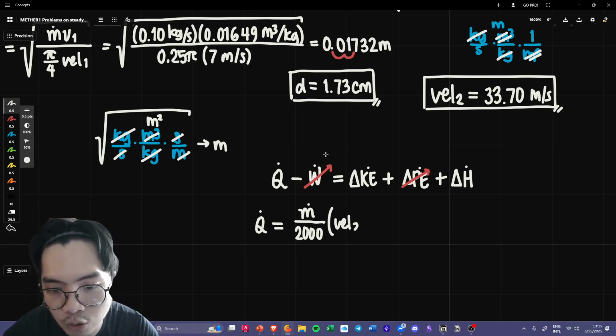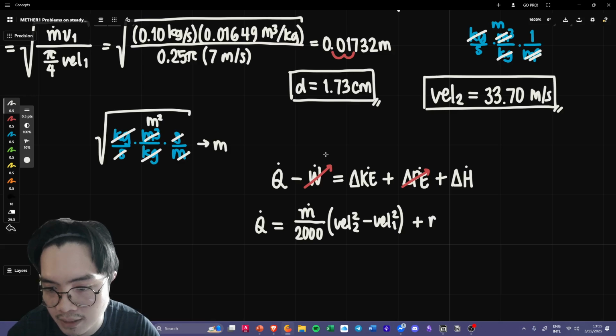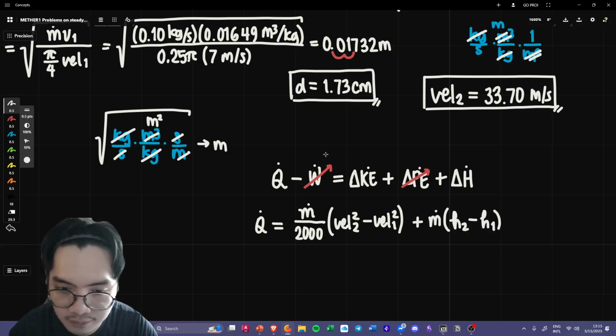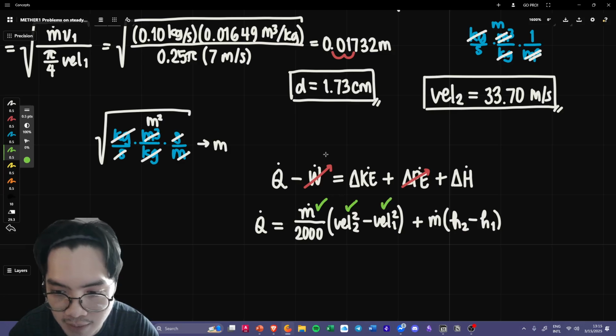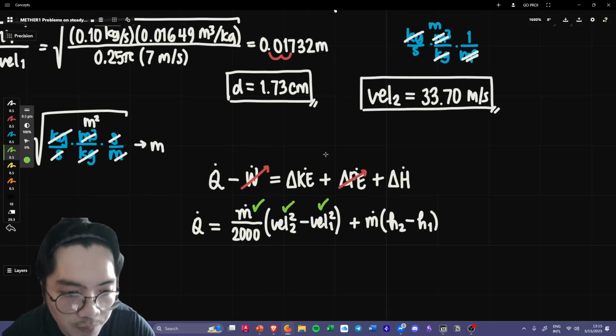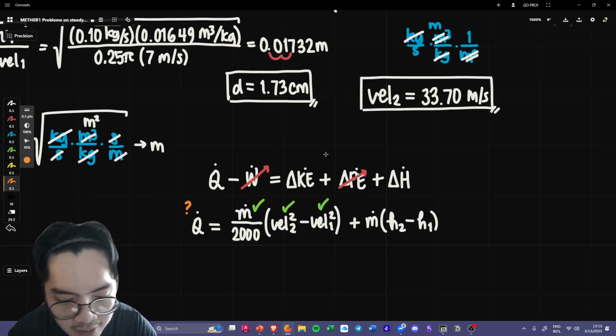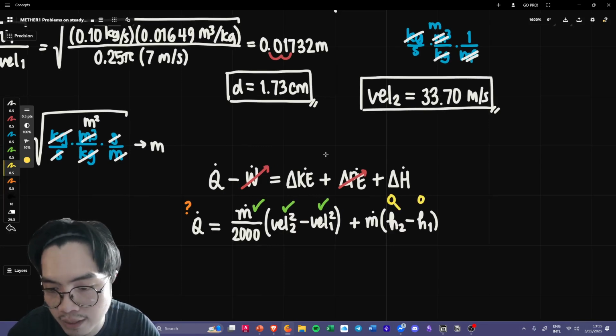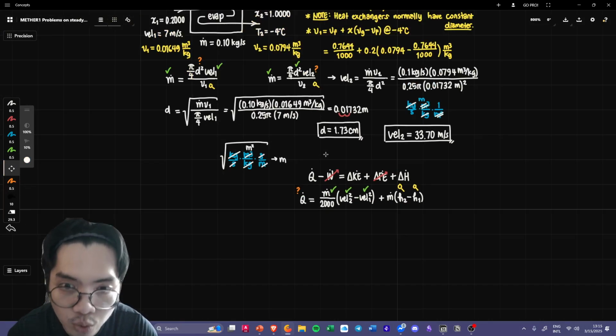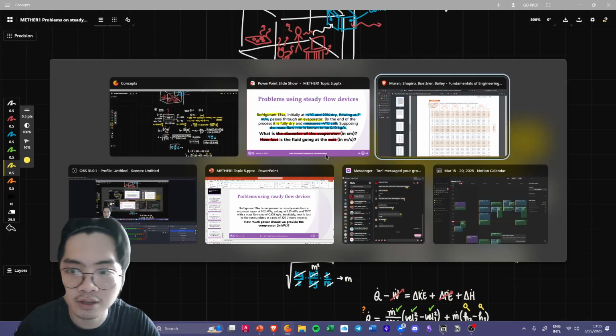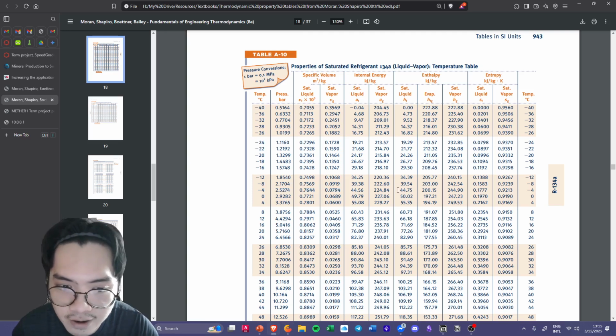We have a value of mass flow rate. We have both velocities already. The only thing we need now to compute our value of heat is the two enthalpies, H2 and H1, which is good enough because it's already here.